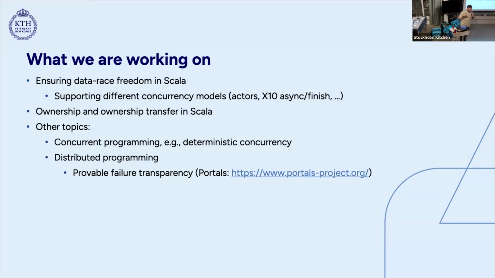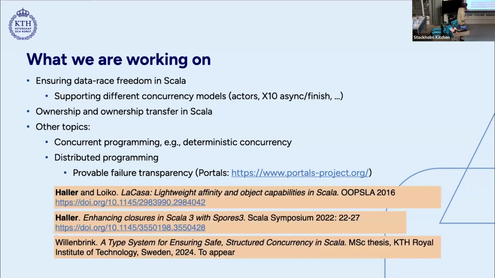For the first time, we have actually proved, and that is Alexei's work, he's sitting here, his master's thesis actually has proven that Apache Flink is failure transparent. And so we have a formal definition, proof, and formalization of the system. This is within the Portals project, so you can see some papers here as well. And here are some references if you're interested in these things.